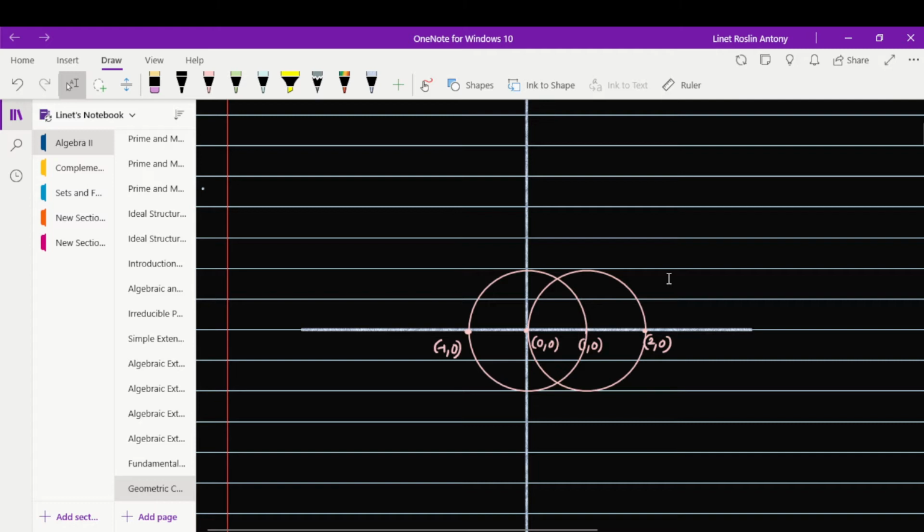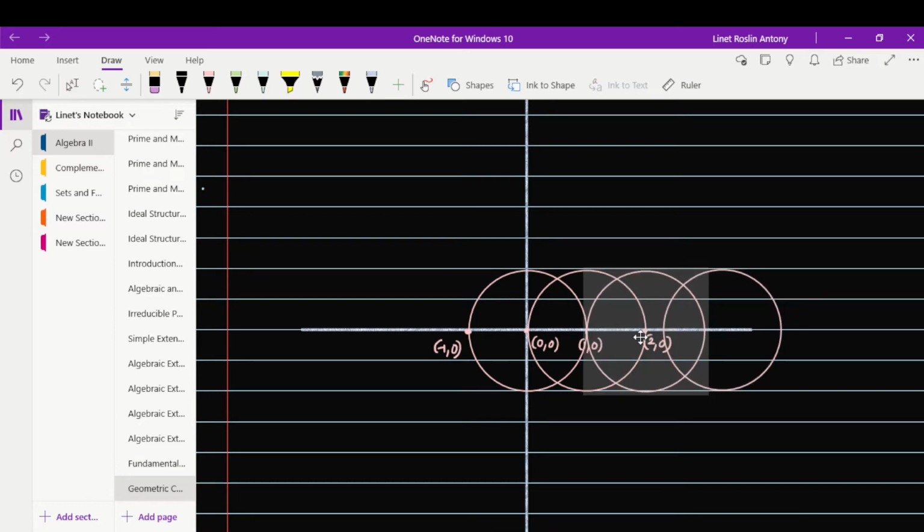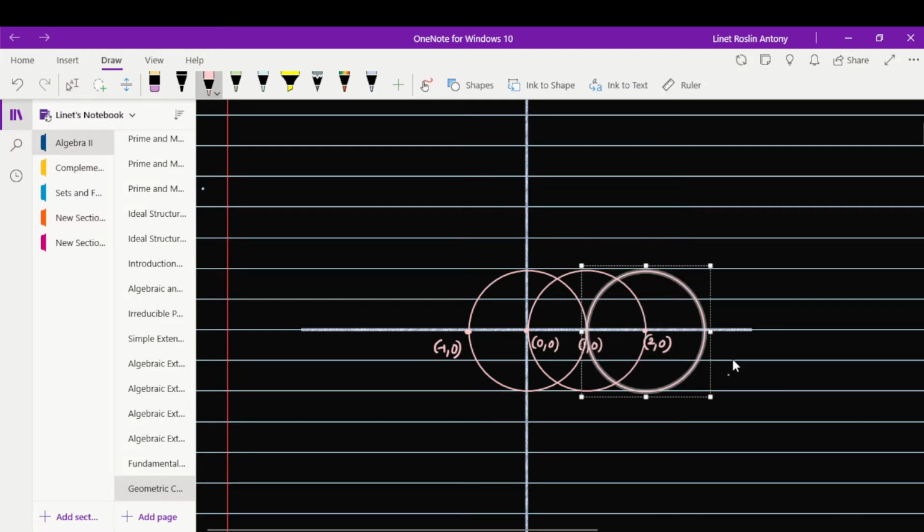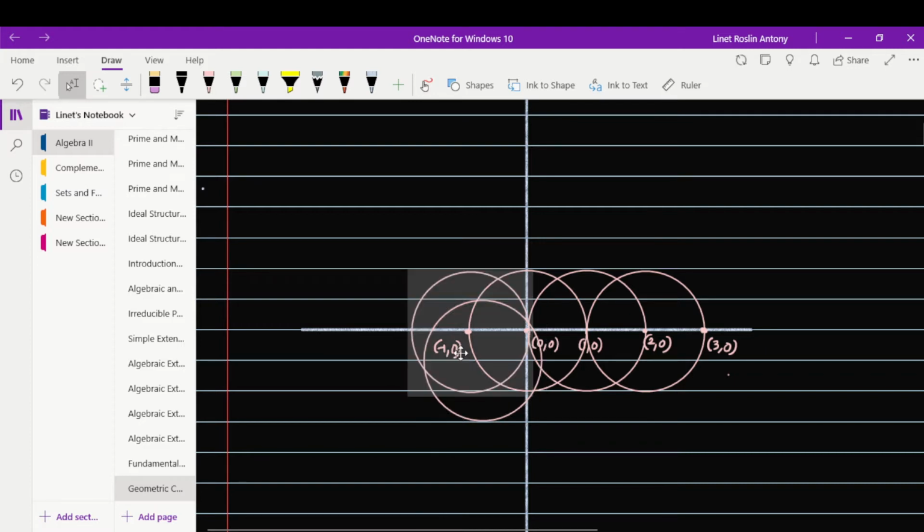To find 3, 0, you have to draw a unit circle at 2, 0, and then you will obtain this point to be 3, 0. Similarly, to get minus 2, 0, you have to draw a unit circle at minus 1, 0, and this will be minus 2, 0.